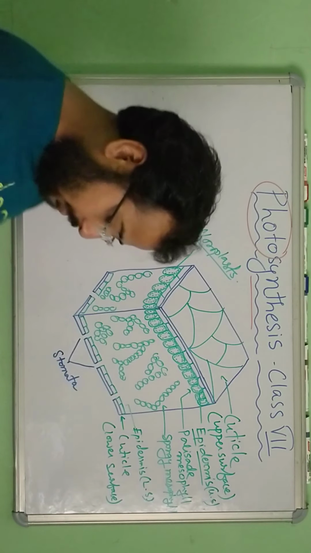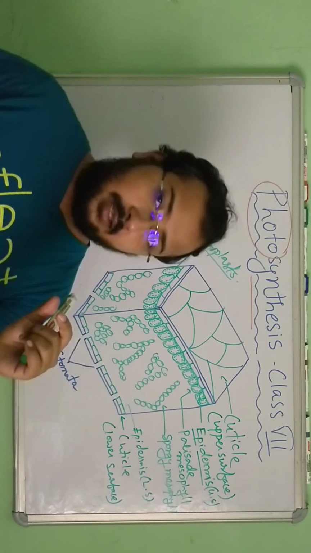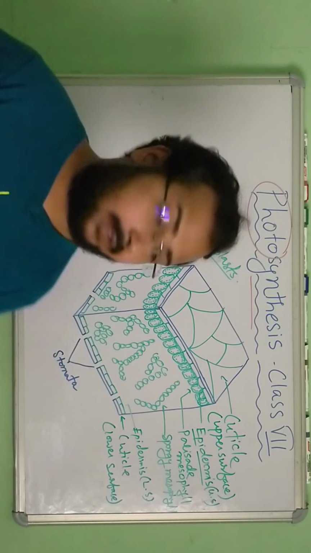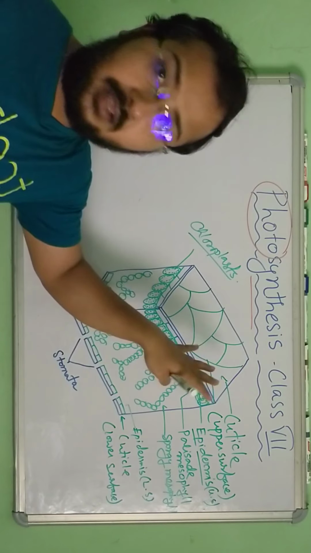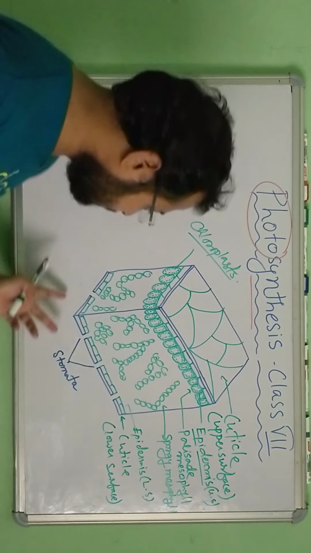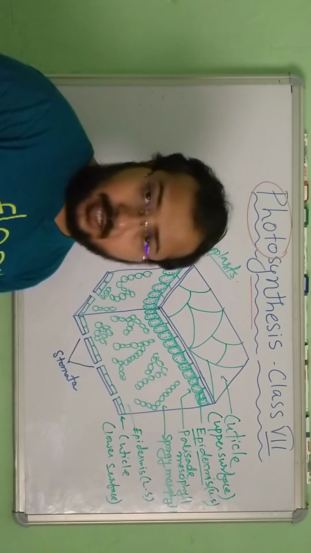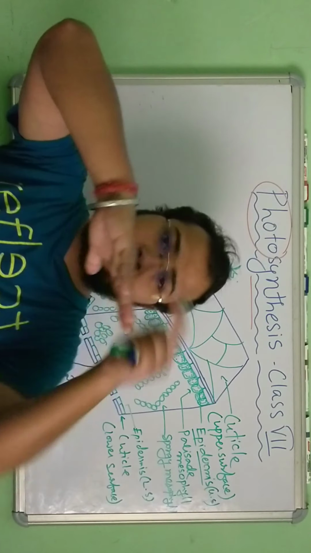So why only at the lower surface? This picture indicates that the number of stomata is greater at the lower surface of the leaf. In the upper surface also stomata are present, but very few. There is a reason behind it. Suppose this is a leaf, this is the upper surface and this is the lower surface.